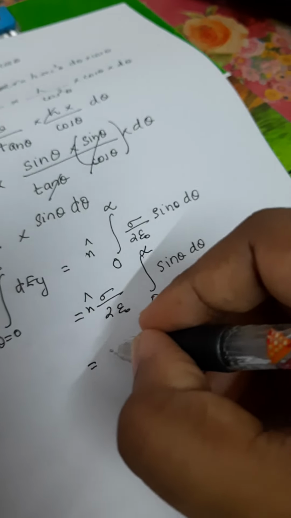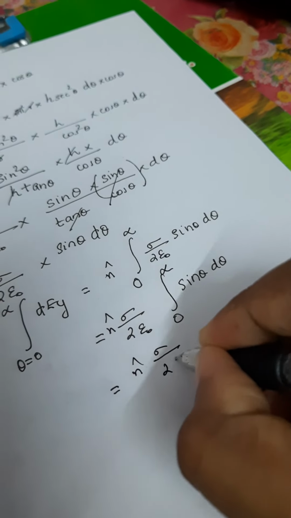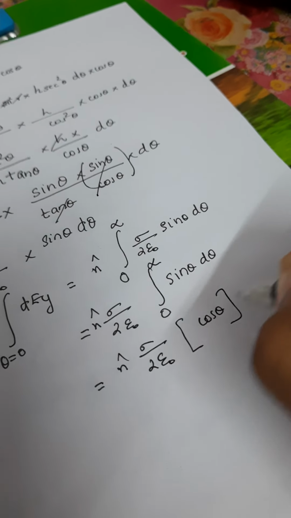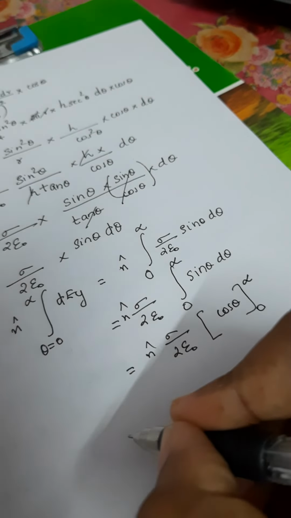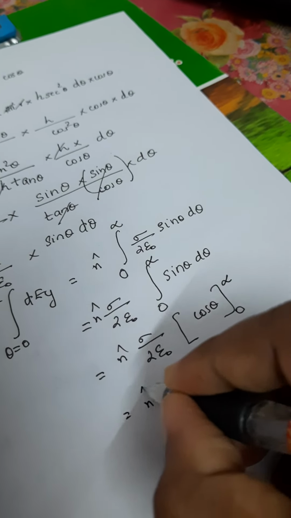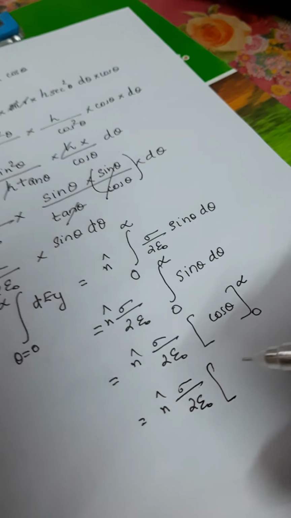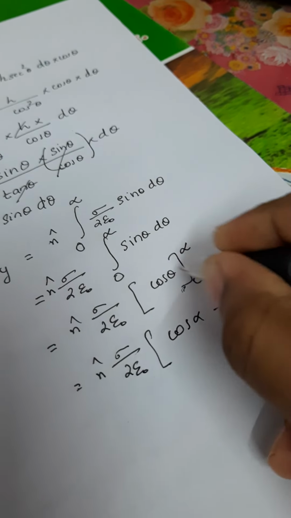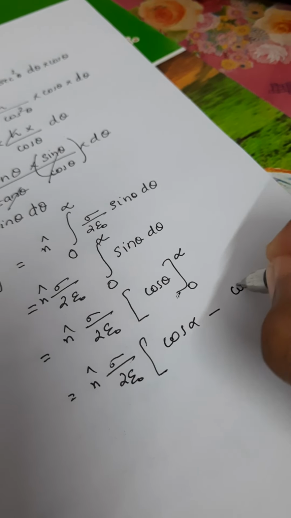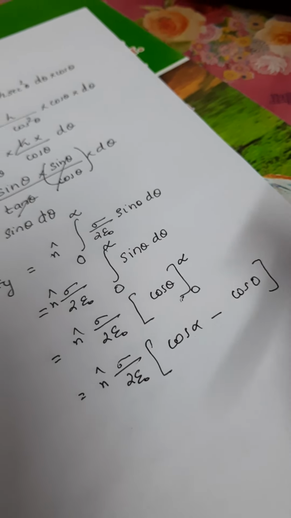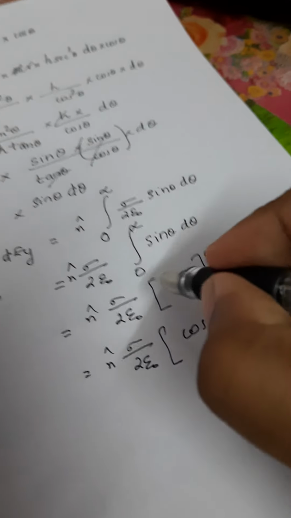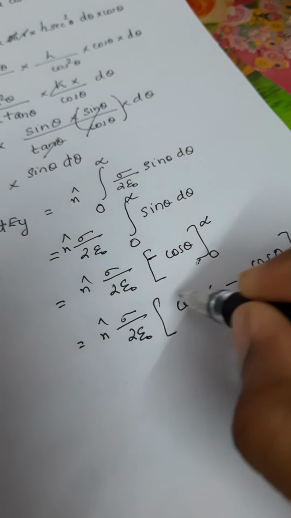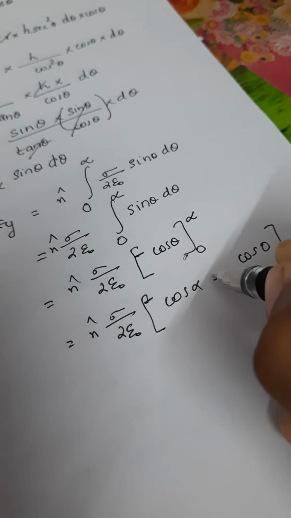So what do we get? Sigma by 2 epsilon 0, the integral of sin theta is minus cos theta. Apply the limit from 0 to alpha. Finally we get sigma by 2 epsilon 0 into, when we apply the limit, cos of alpha minus cos of 0, taking the minus outside, so this is minus cos alpha and this is plus 1.